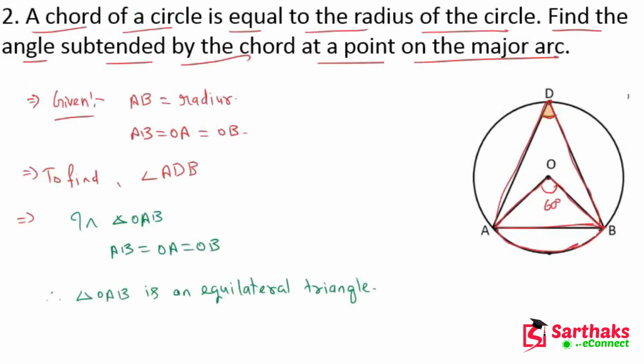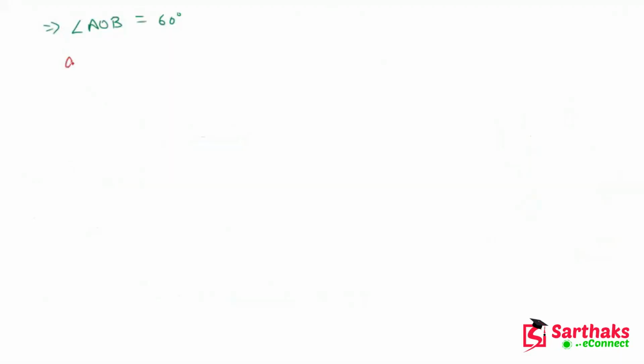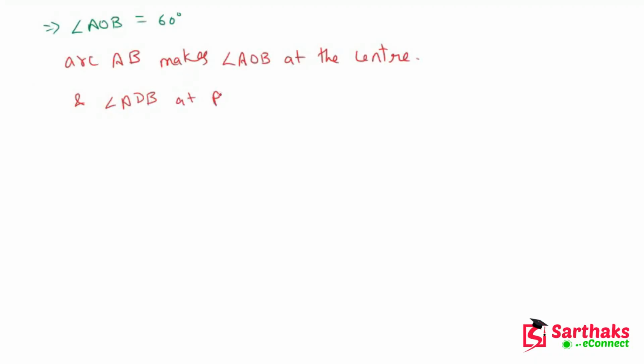Okay, my dear friends. Now you can see this arc AB makes angle AOB at the center and angle ADB at point D. By theorem 10.8, the angle subtended by an arc at the center is double the angle subtended by it at any other point.